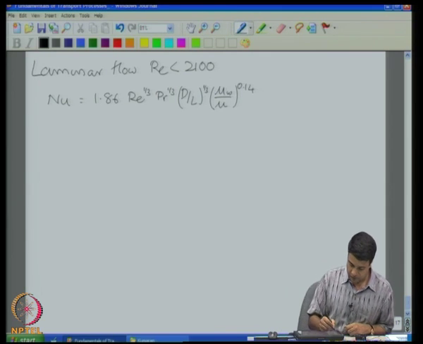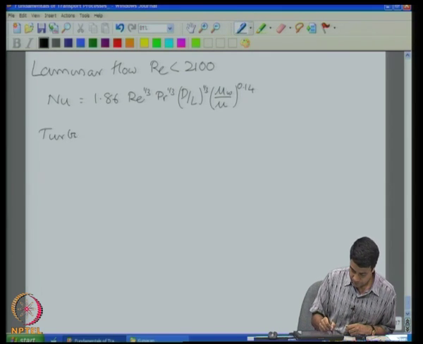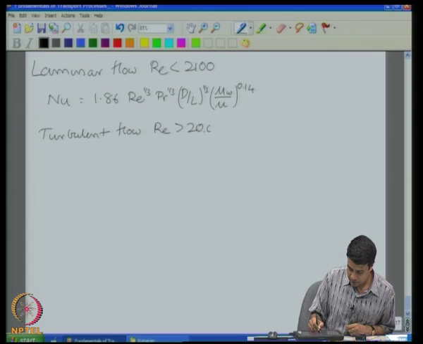For turbulent flow, the Reynolds number is greater than about 20,000.